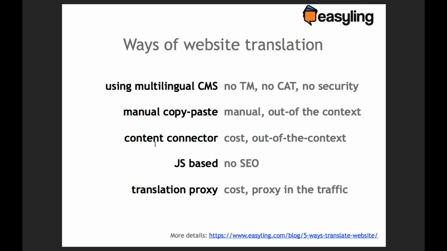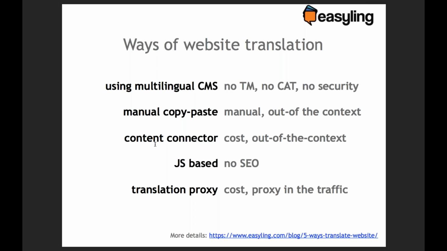Option 3, content connector. Using a content connector for some content management systems like WordPress and some others, there are third-party services which automatically extract the content from the content management system database, make an XLIFF file out of it, and deliver it to the translators.